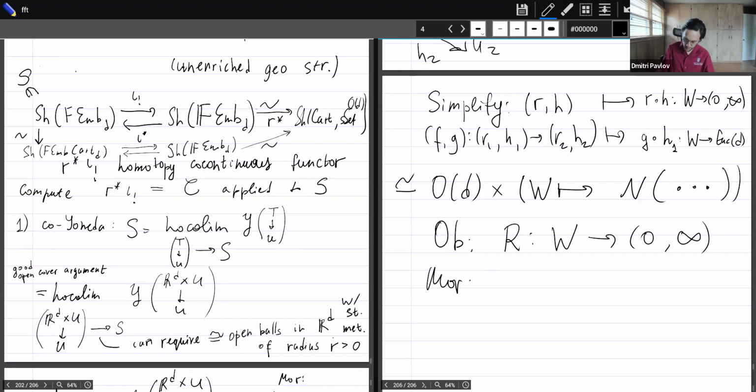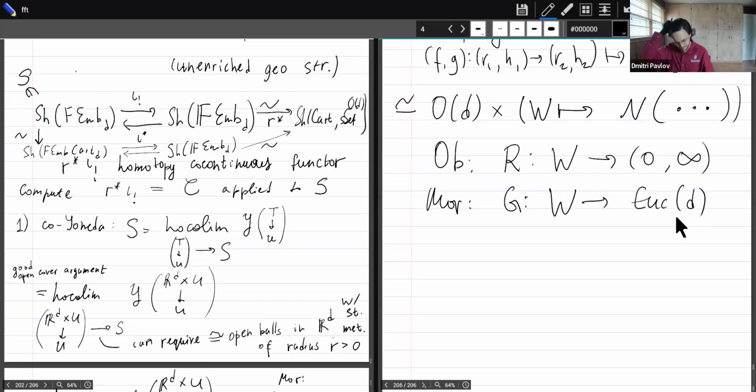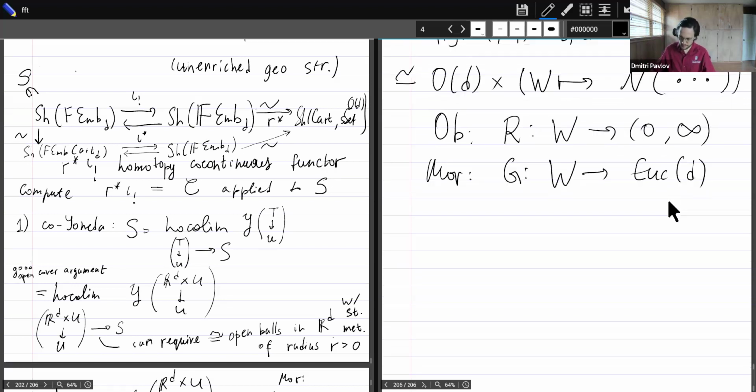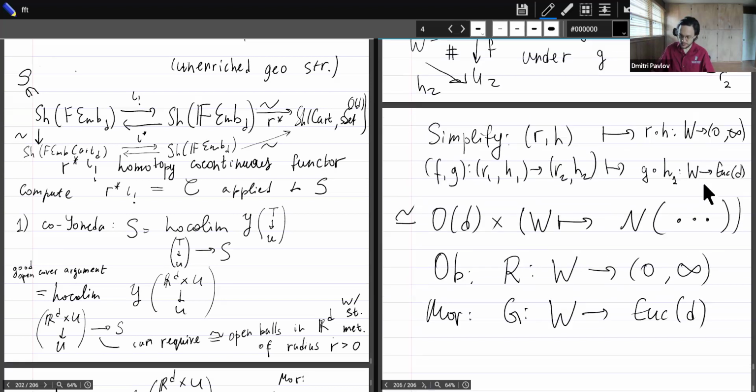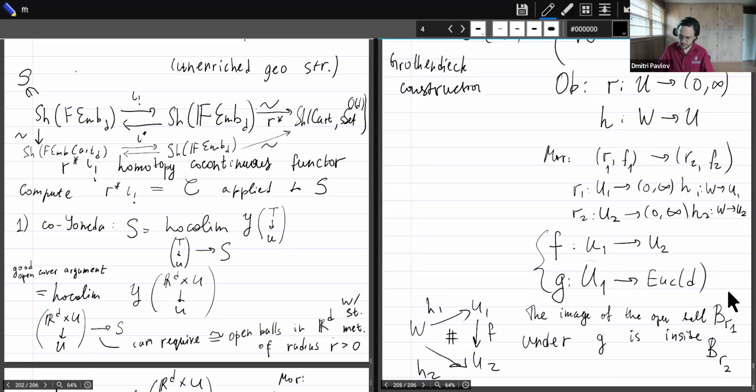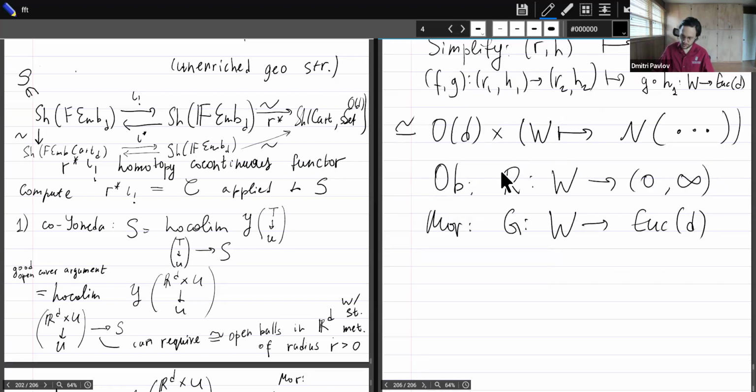And morphisms now will be smooth maps, let's call them capital G, from W to the Euclidean group. So this functor implements an equivalence of the category on the previous page, written down using the Grothendieck construction, and this much easier category.